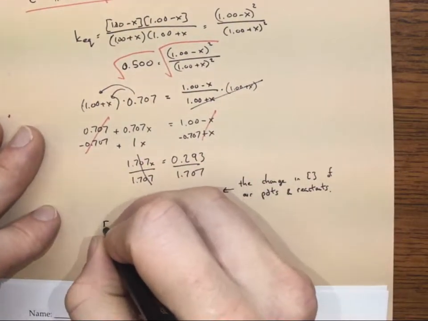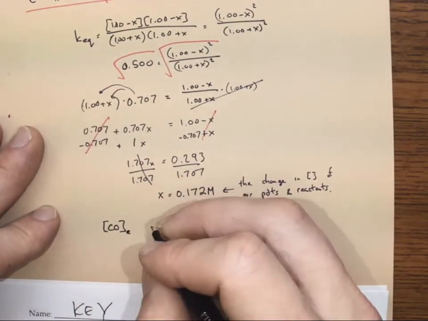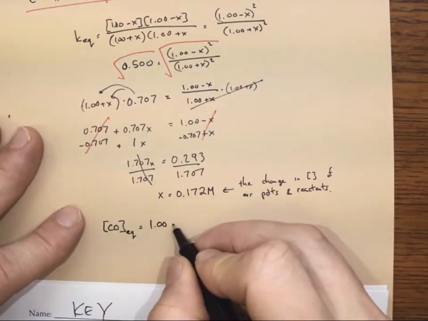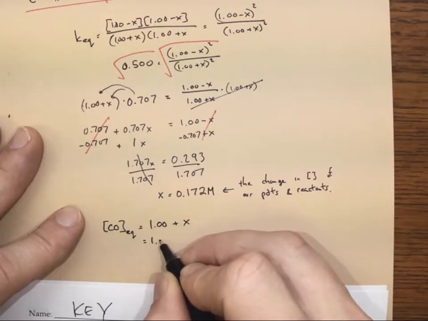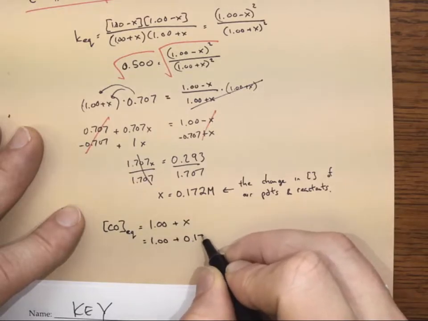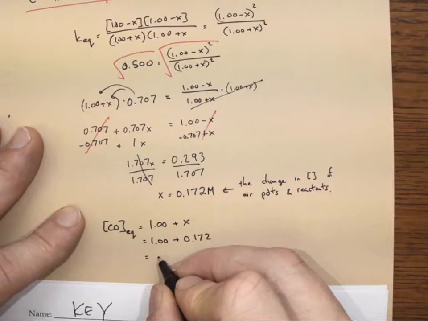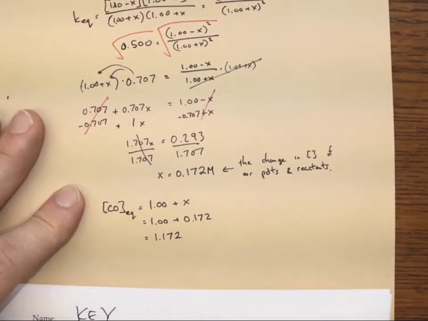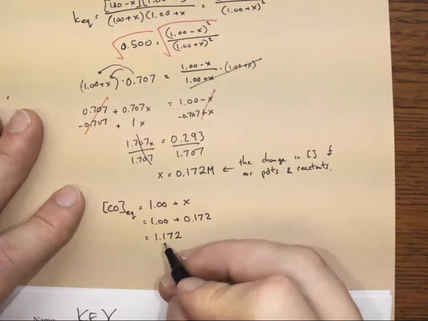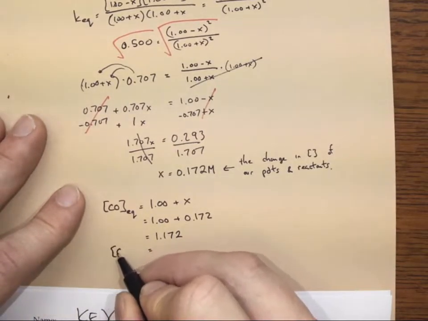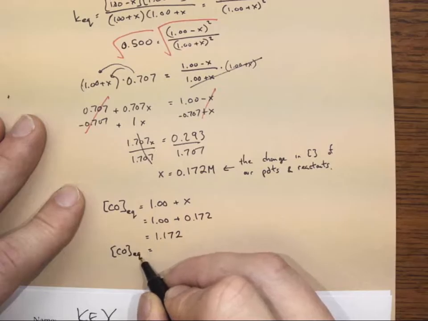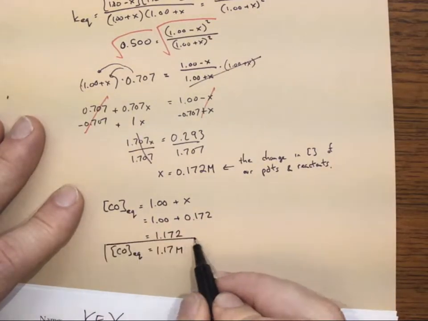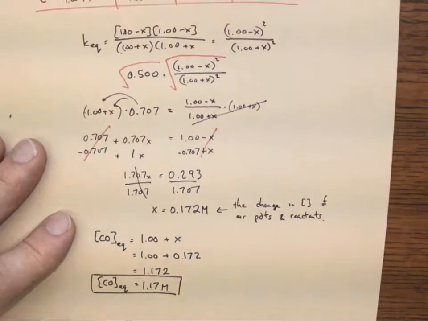So our concentration of carbon monoxide at equilibrium is going to be 1.00 plus x, which is 1.00 plus 0.172, which is 1.172, which if we want to conserve our sig figs, it means that our concentration of carbon monoxide at equilibrium is 1.17 molar. And that's us done.